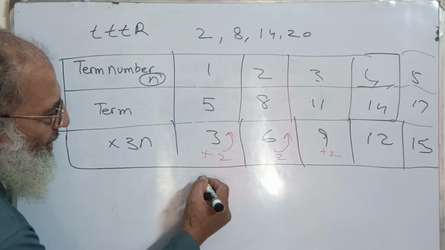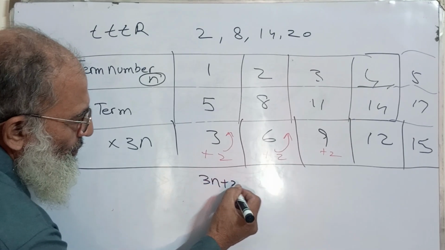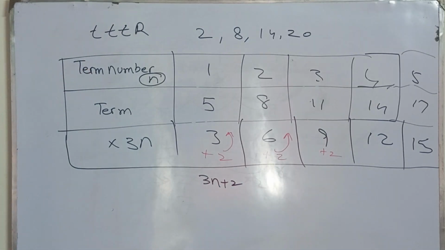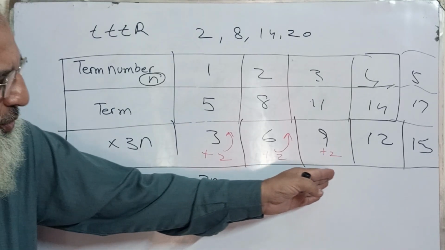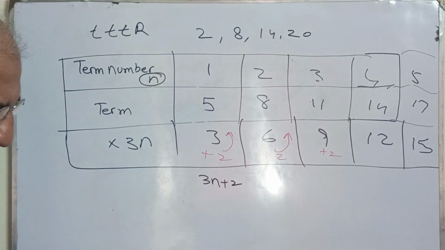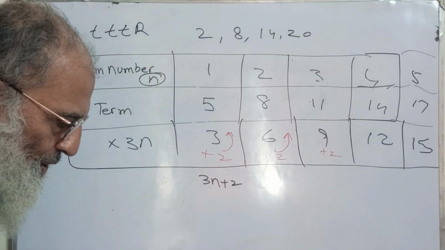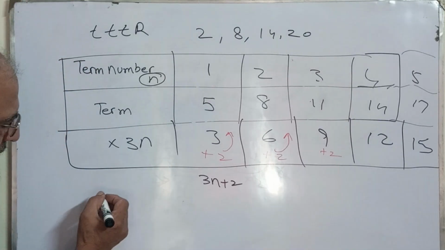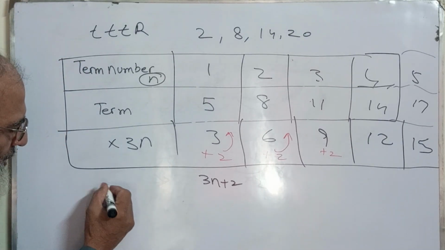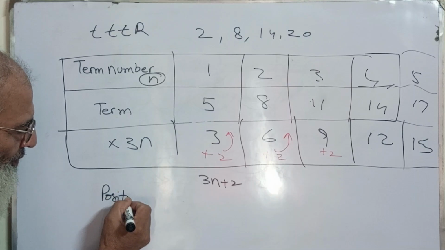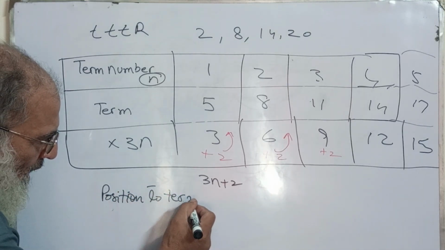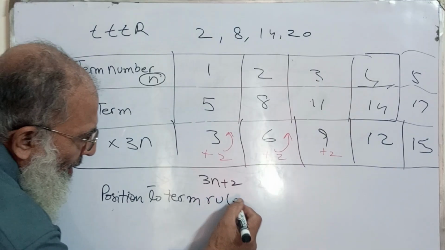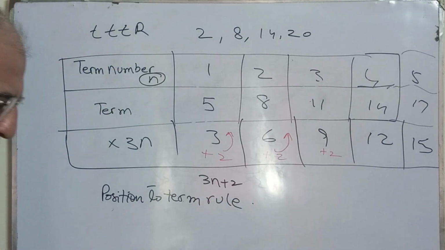For each term, we have done 3n plus 2. Now, this is called the position to term rule.